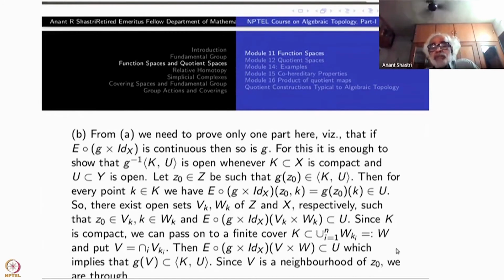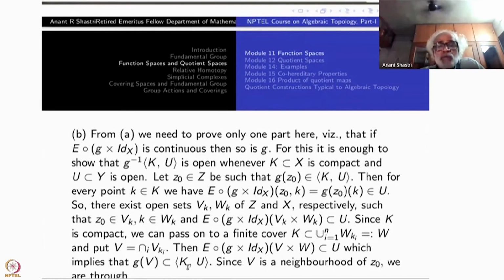This implies G of V is contained inside KU, because this W is inside U. The whole W goes inside U. So G of V will be contained inside KU.